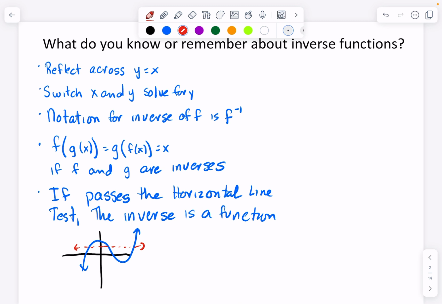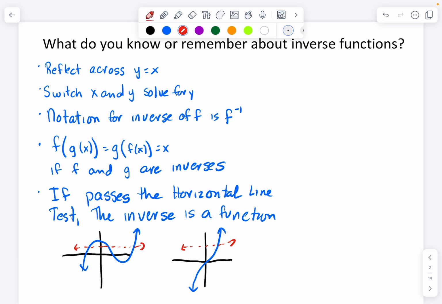The inverse of this is not a function. I can't actually find it. But an example of something that might pass the horizontal line test is y equals x cubed. That passes the horizontal line test, okay? Because when I draw a horizontal line, I pass through only one point.